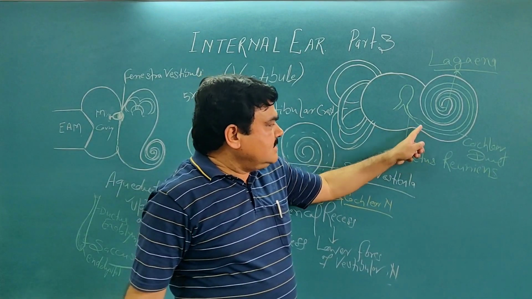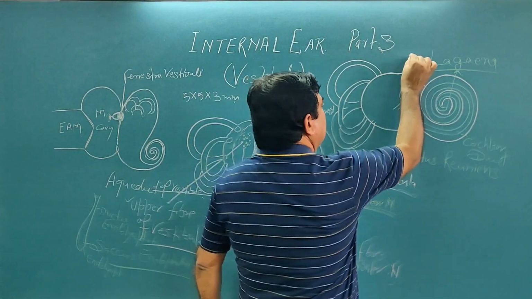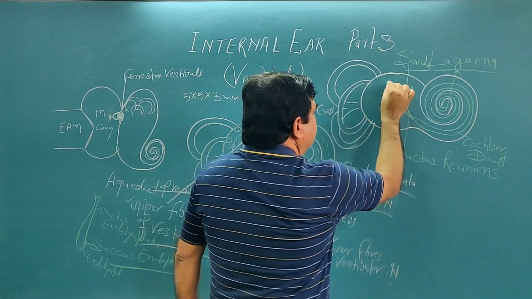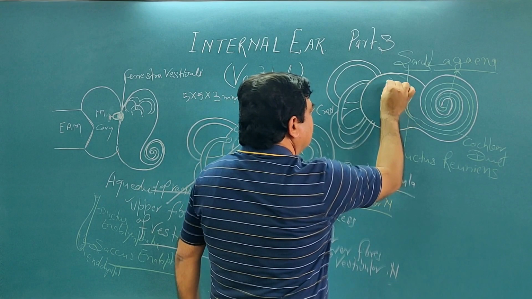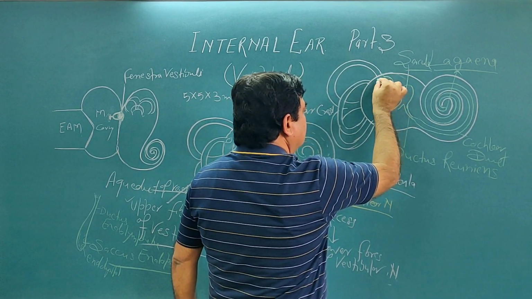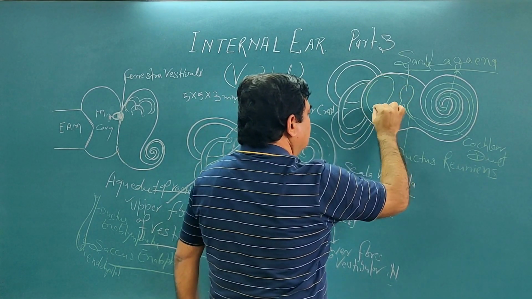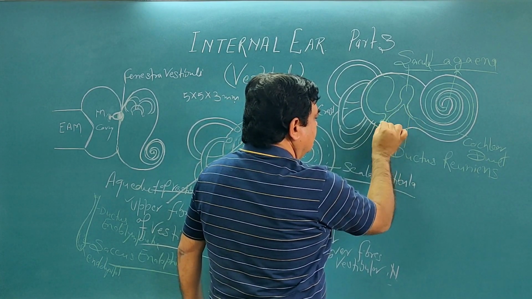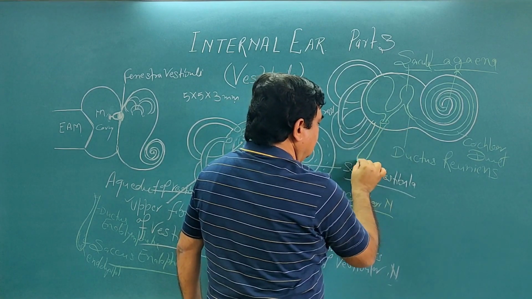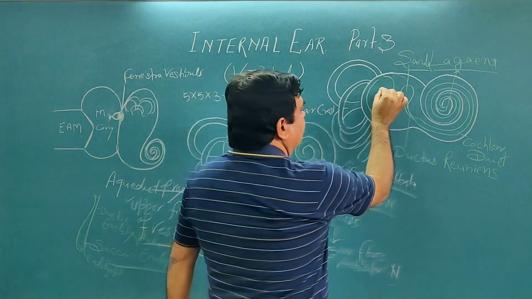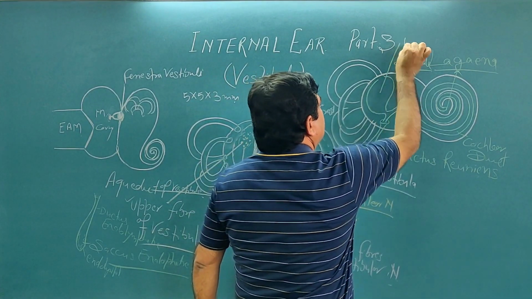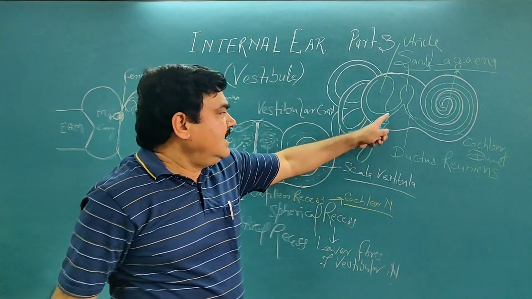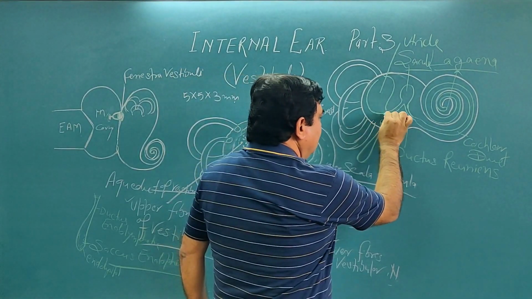Here in this membranous labyrinth, this is the saccule, and this is the utricle. Here is the Y-shaped connection between utricle and saccule.